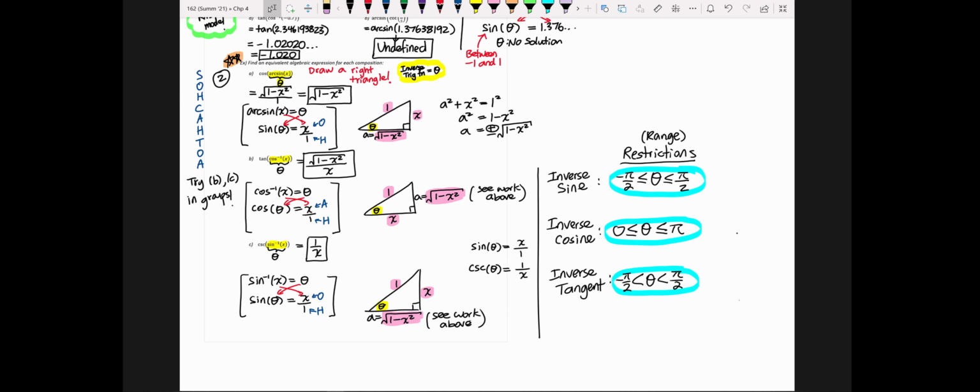And when we say restriction, this is the range for the inverse trig functions. I can repeat these concepts over and over again, but students really do need the practice from the homework and textbook to reinforce and feel confident about these concepts.